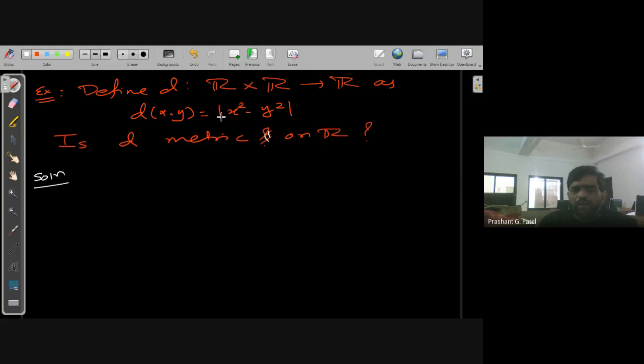You have to check the conditions. The first condition, no problem, because it is always satisfied due to the modulus for any points x and y. This is true. For the second condition, for any x and y, is the second condition true?